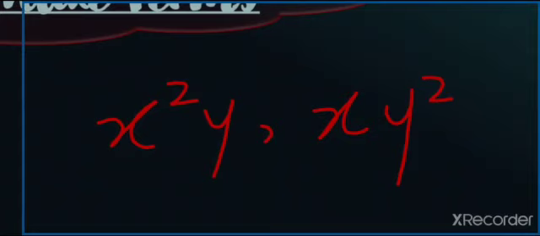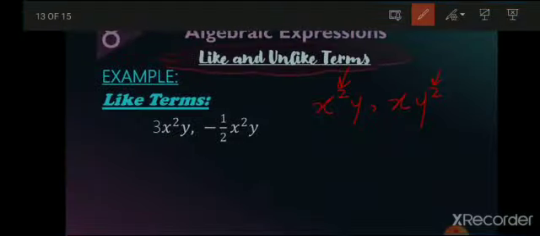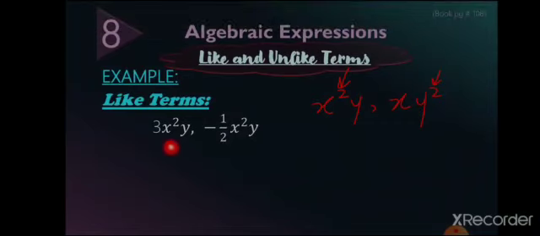This will not be considered the same, because as you see here, the corresponding exponents are not the same, because here the square is with x and here the square is with y. Understood? So these are not the same. Okay, so we have understood the like terms.